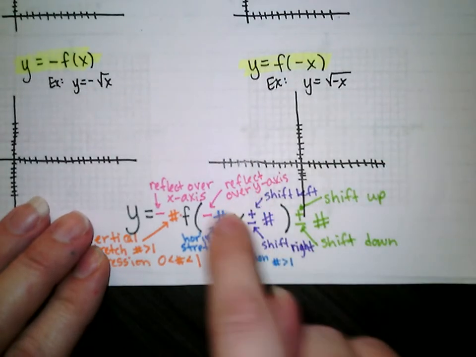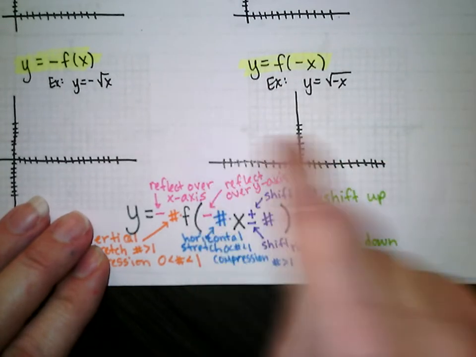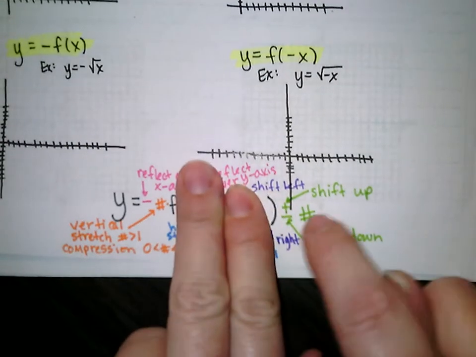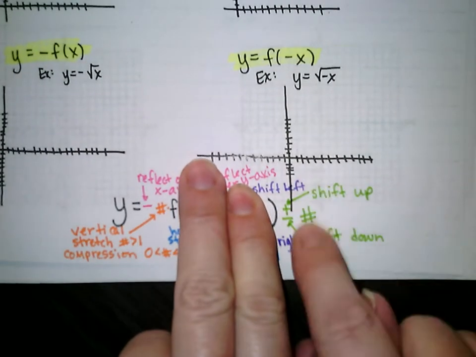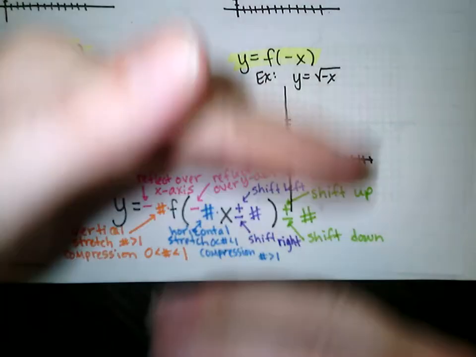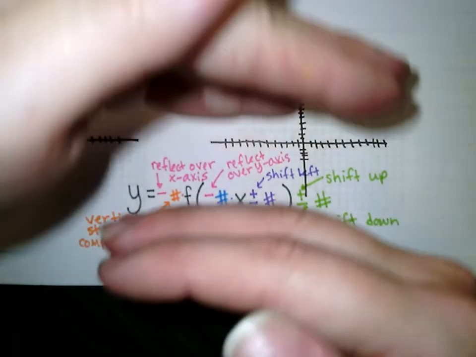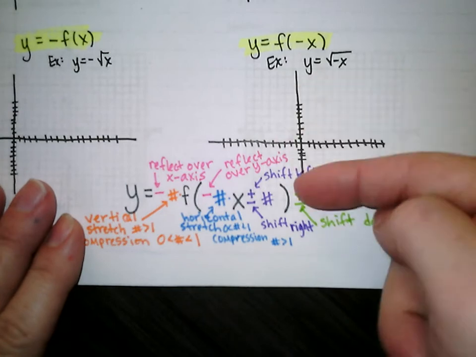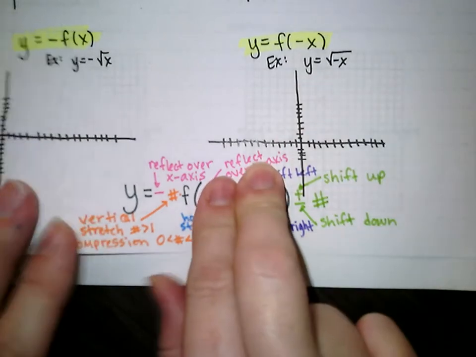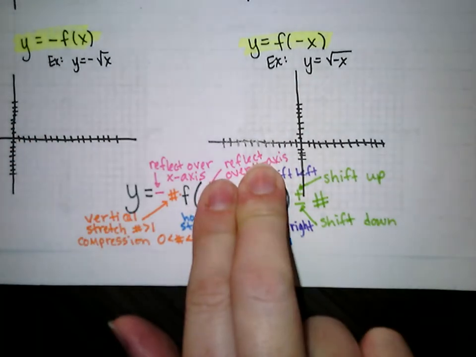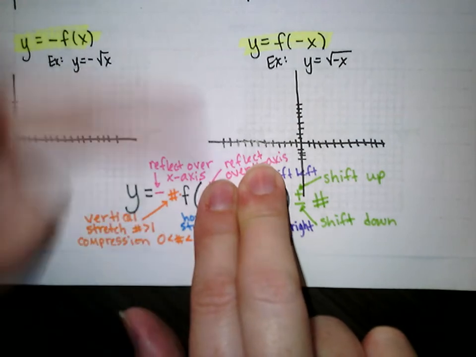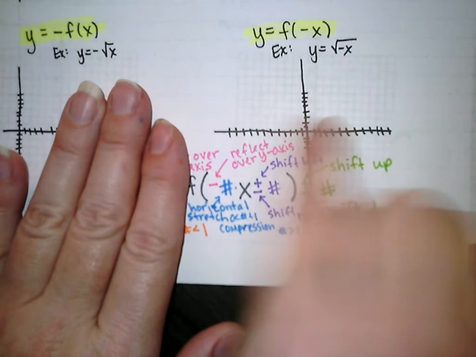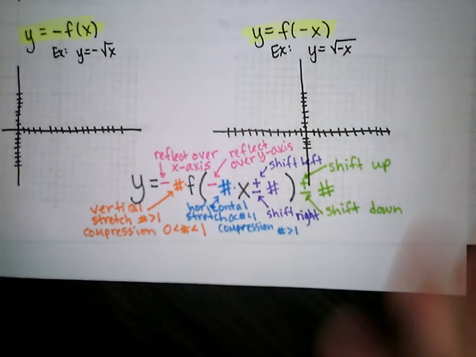So everything that's in there is related this direction. Anything that's outside of the parent function shifts up or down, stretches vertically or compresses vertically, or reflects over the x-axis. So things that are outside the parent function, not inside with the x, are going to be uppy downy changes. Things that are inside are going to be lefty righty changes.